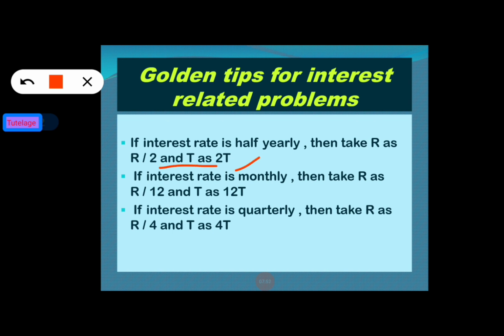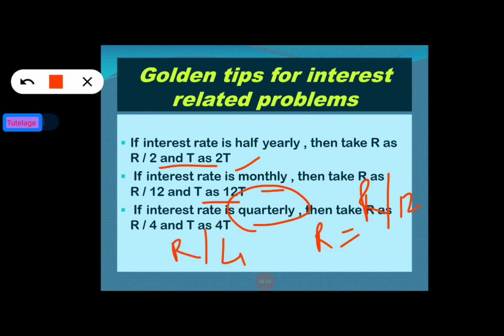If the interest rate is monthly, then take R as R by 12 and T as 12T. If the interest rate is quarterly, then take R as R by 4, because the total months are divided by 4, and the time period is 4T.